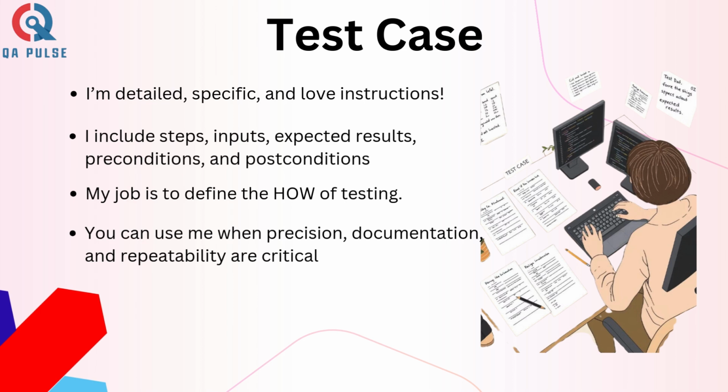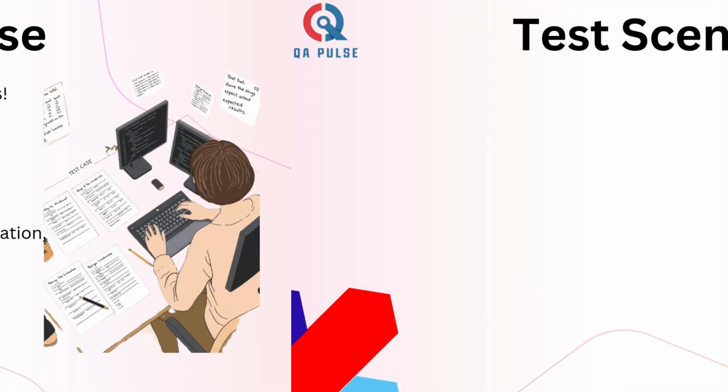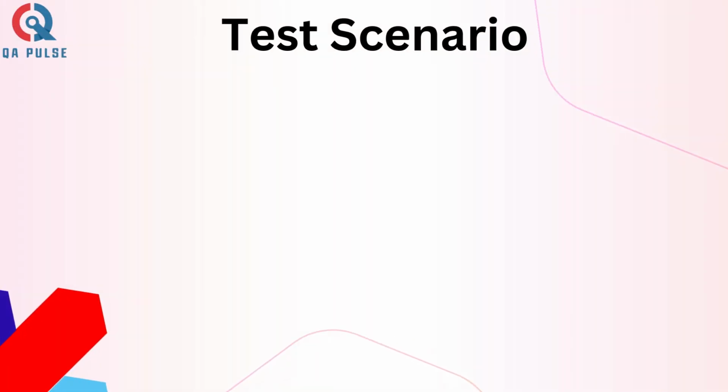They lay out everything you need in exact detail, ensuring that the test can be repeated and the results are consistent. Okay, now that we have met the thorough test case, it's time to meet its creative cousin, you can say, the test scenario. Let's see what it has to say for itself.